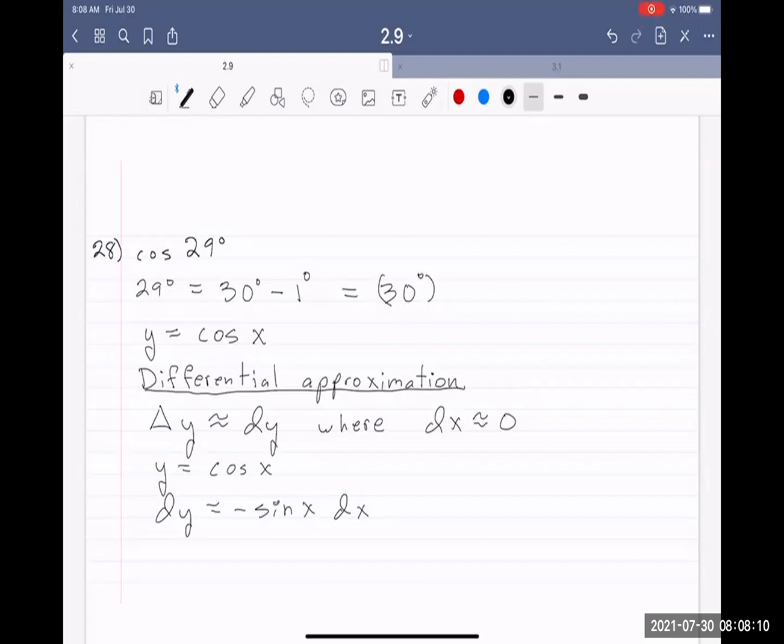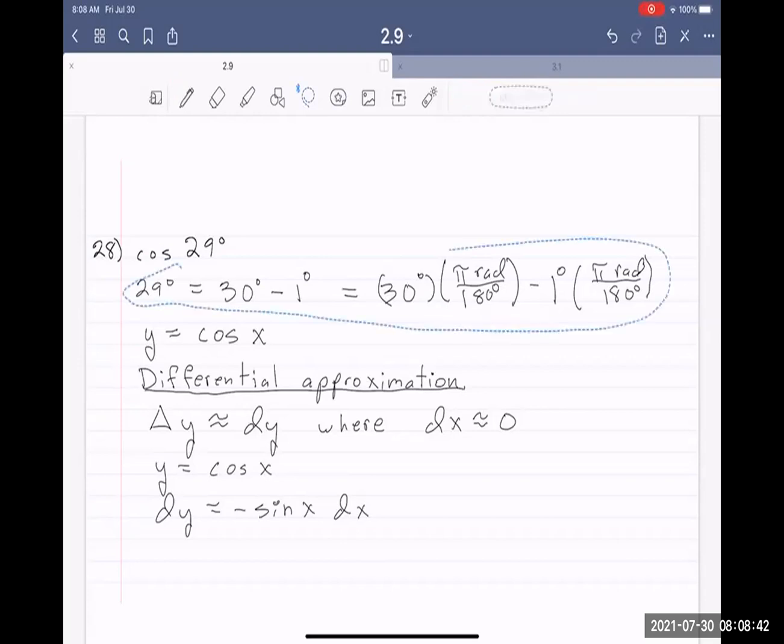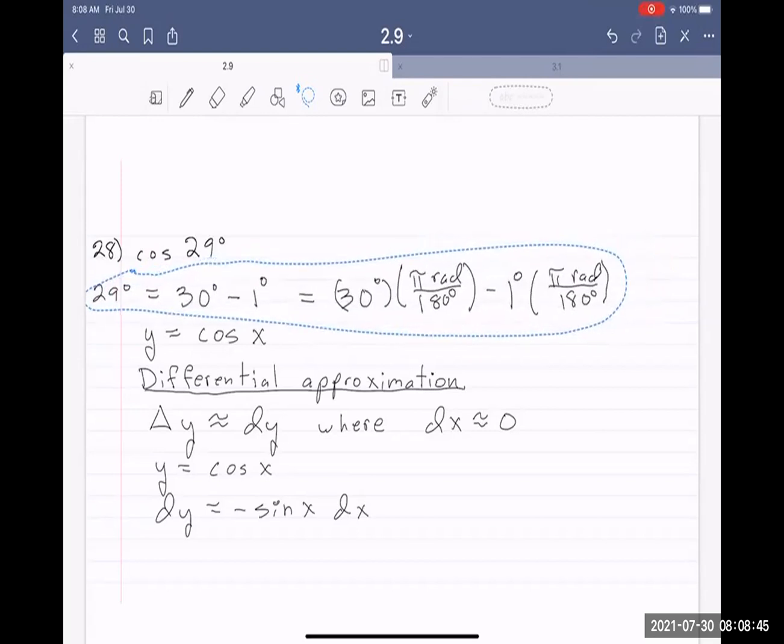It's going to be pi over 6, of course. There are pi radians at 180 degrees. And so this is going to equal pi over 6.